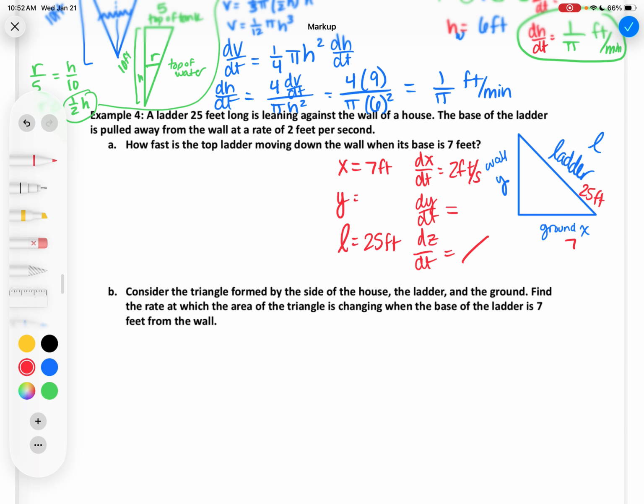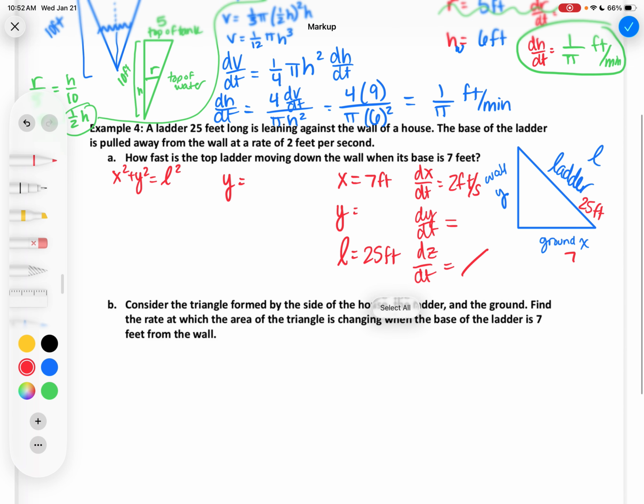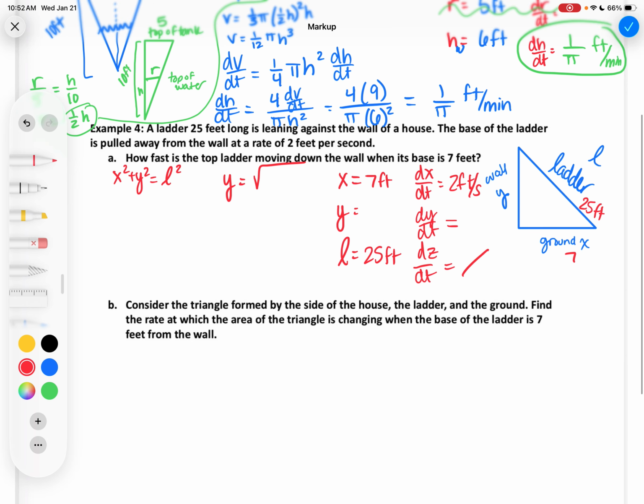So first thing I'm going to need to do is solve for y because, you know, right triangle, I'm assuming Pythagorean theorem. And so I know that I'm going to need to have y even once I take the derivative. So y equals the square root of 25 squared minus 7 squared.